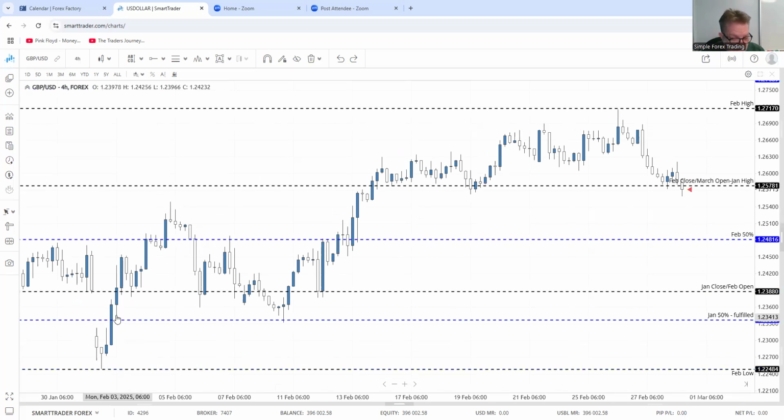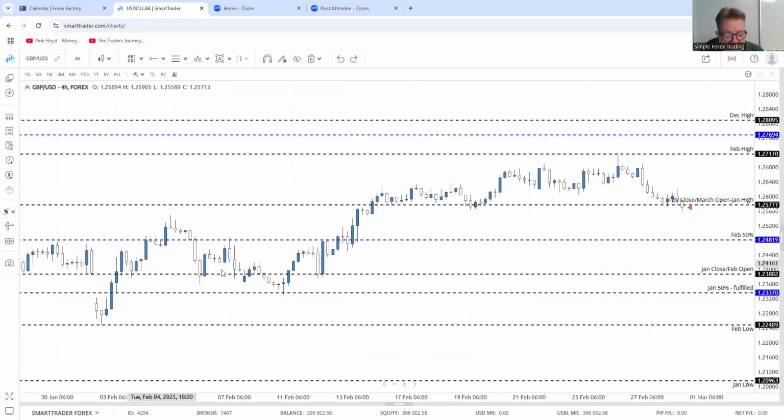This level right here. Hopefully you can sort of see how these ranges are. Look how they respect them, right? So look at this. Beautiful. Finally went up. Look at that. Up. Boom. Then it was up there and it came back down. Now we're here. Now what?